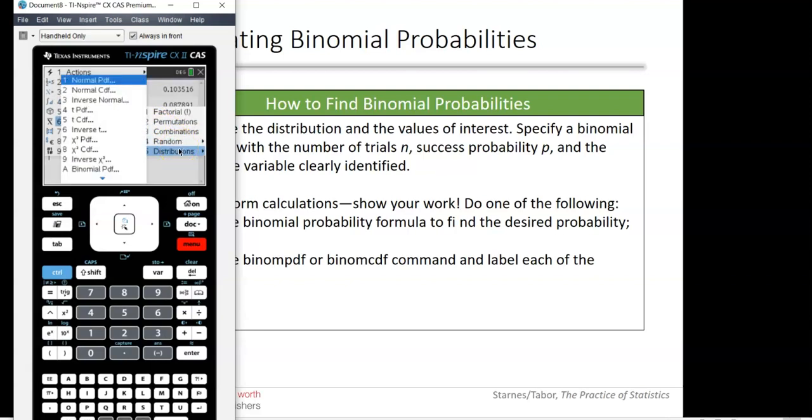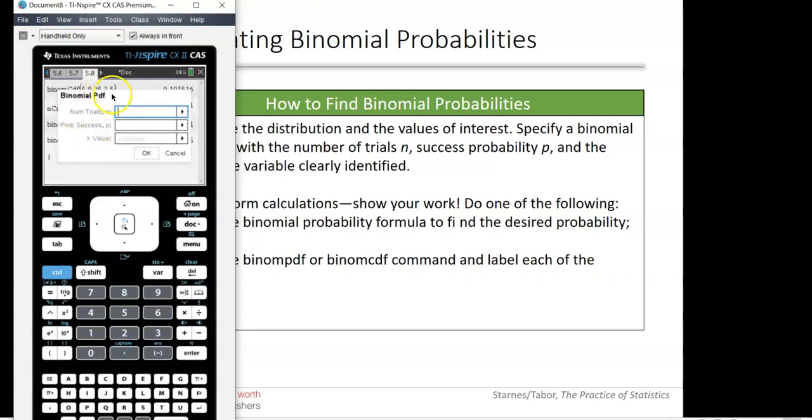The wizard tells you, if you don't know: N is the number of trials, P is the probability of success, X value is we call it X, but truly the number of successes you want. So I would write it that way probably if I were writing it.